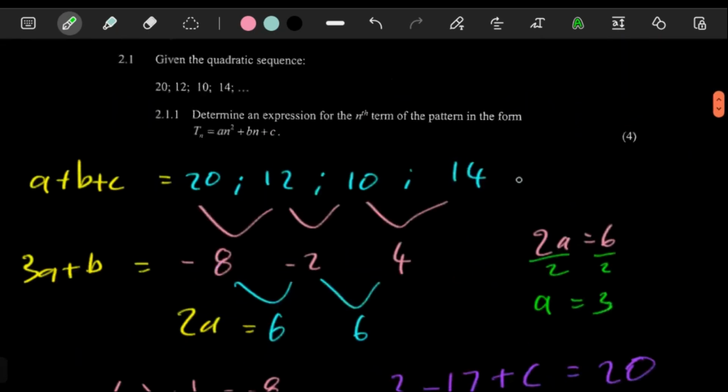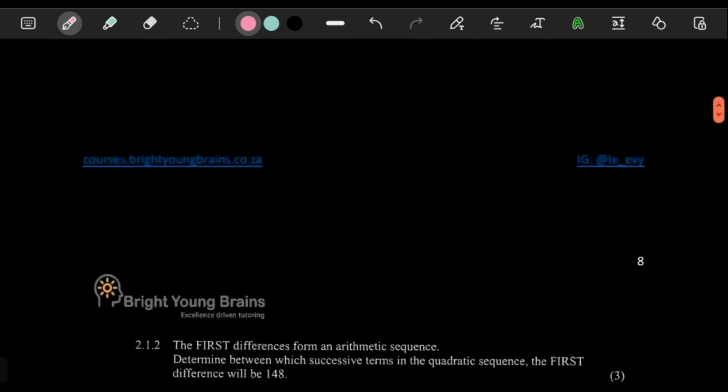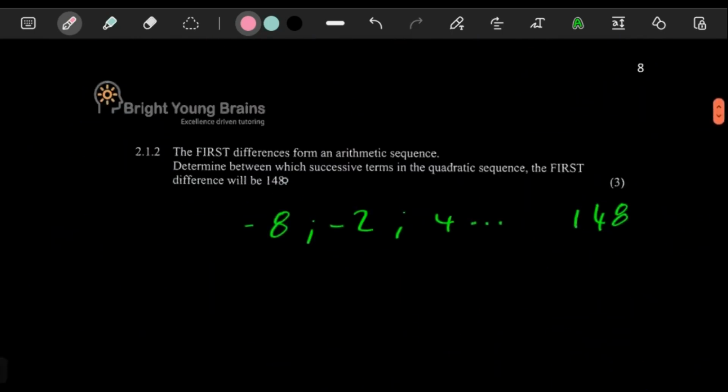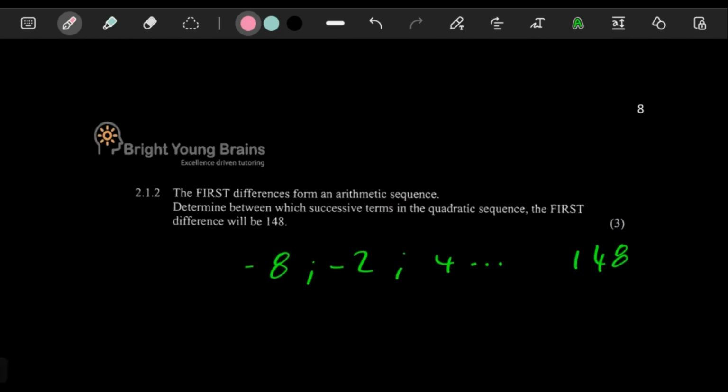Because somewhere up here, you're going to have two values where this number minus this one is going to give you 148. That's what they mean by determine between which successive terms in the quadratic sequence the first difference is 148.